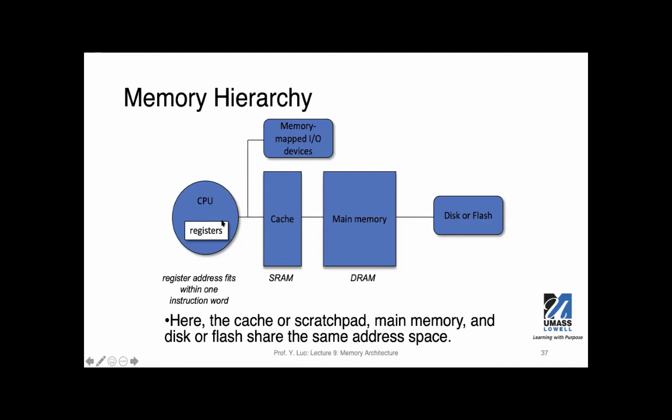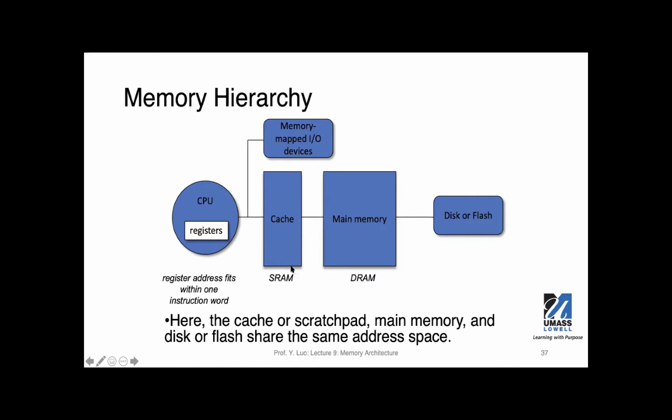But because registers are limited in the processor, you have to use a larger memory space, cache, and then DRAM. Now this diagram doesn't really show well that the cache is actually part of the CPU.